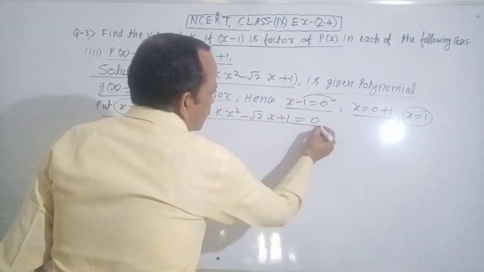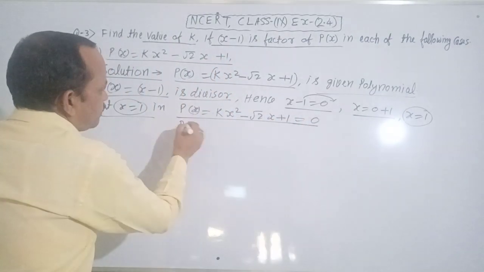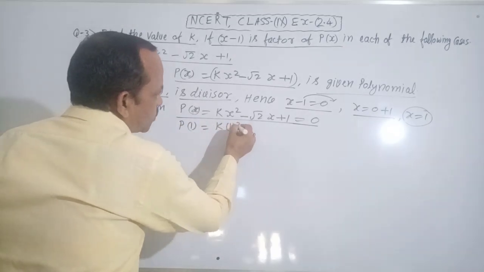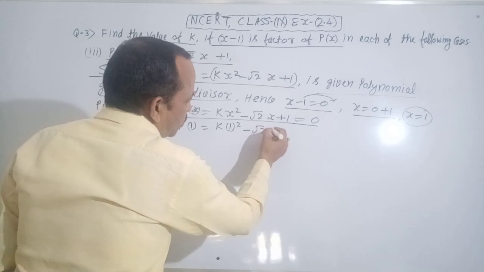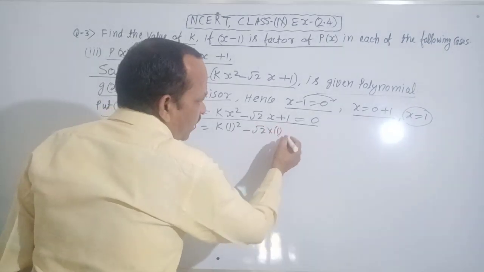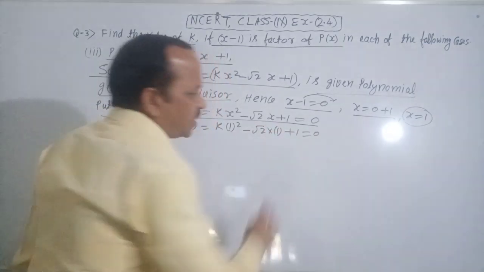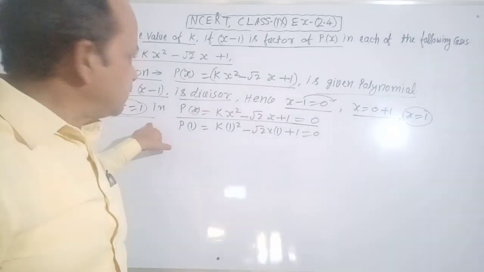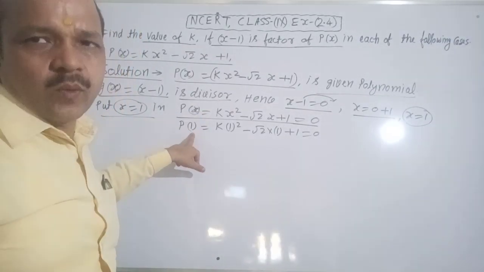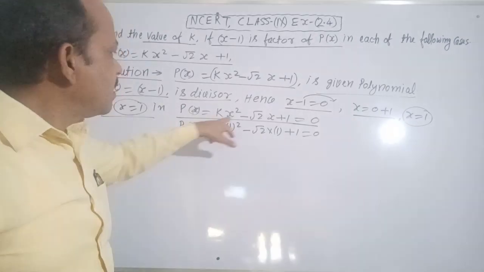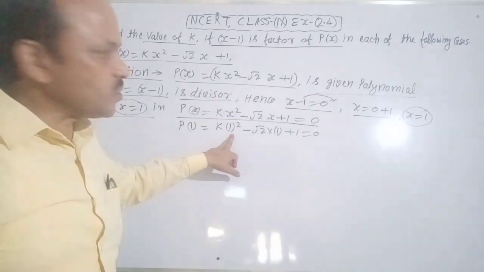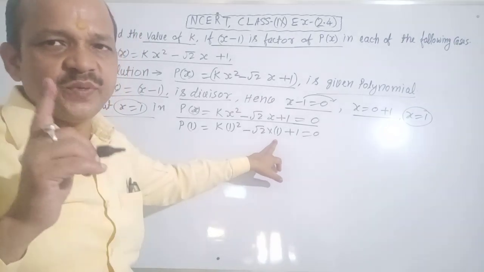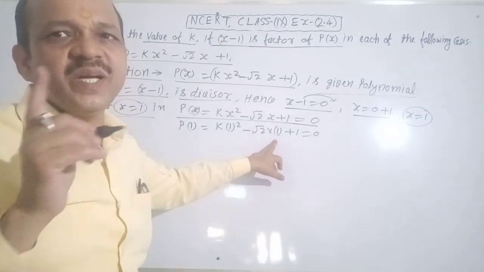You can write it as p(1) equals k(1) square minus root 2 multiply 1 plus 1 equals 0. Here x equals 1. Clear? x square means 1 square. x means 1. It is clear? No confusion about it. It is very easy.